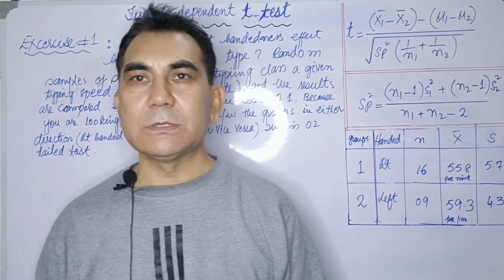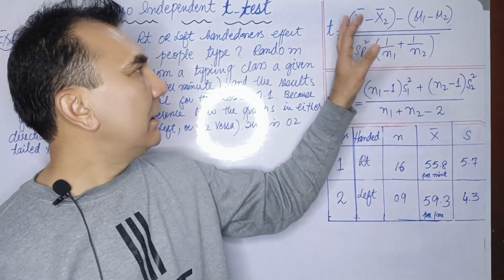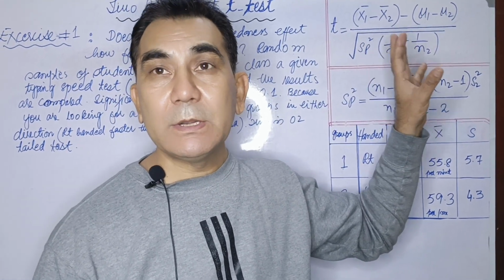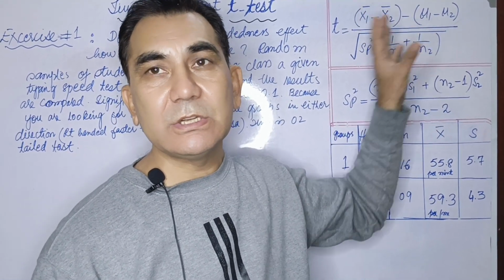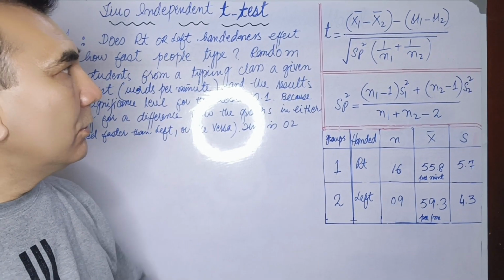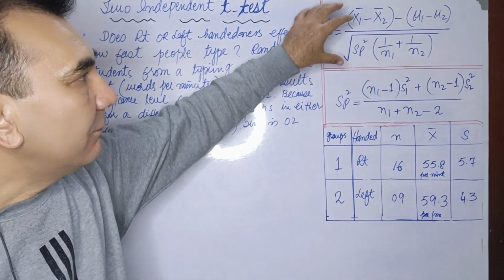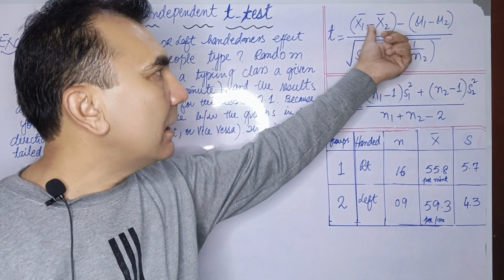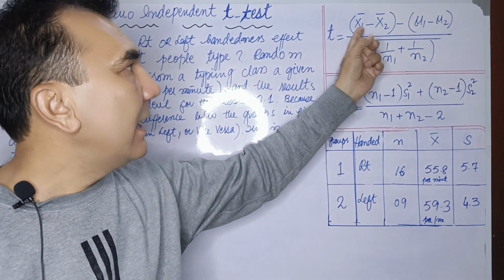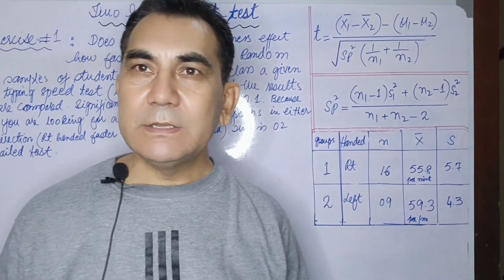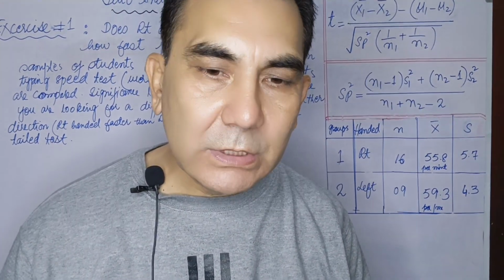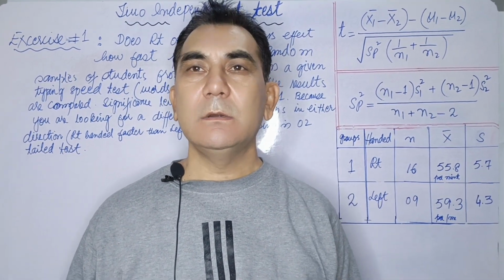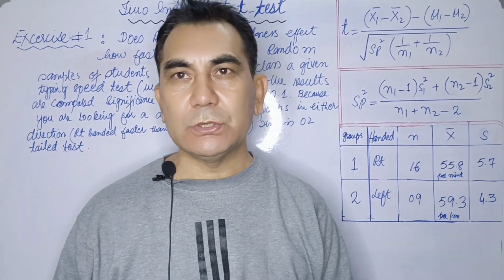For this purpose, we will use the two independent sample t-test. Now let's go through the formula. Here in the formula, x bar 1 and x bar 2 give the point estimates of the two samples we selected from the two independent populations.